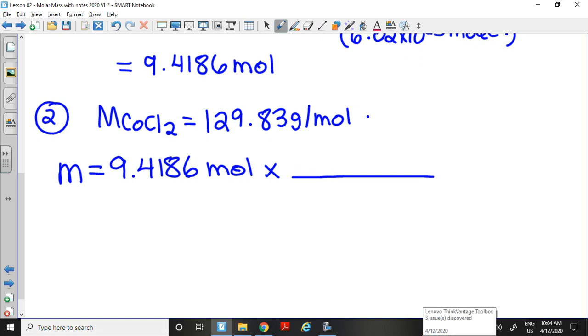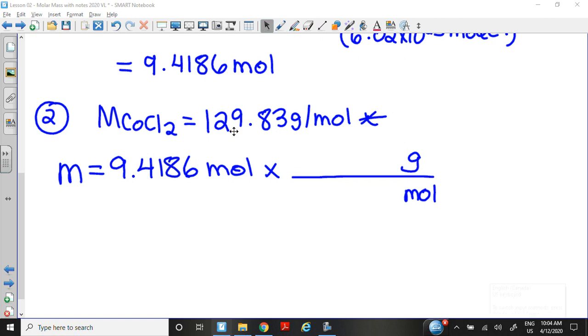So hopefully you're starting to get the idea here. We are going to take moles in the numerator, so that means moles have to go in the denominator. And since we want to end up with mass, the units we want are grams. You can see grams and moles. That relates right over here to our molar mass. Whatever you're converting should always match your ratio with units.